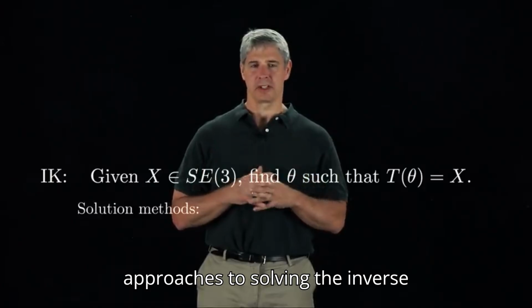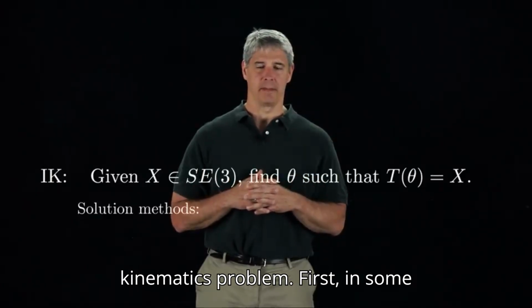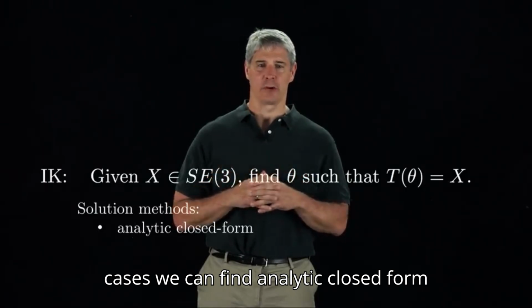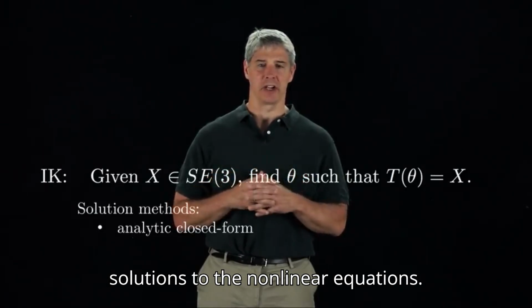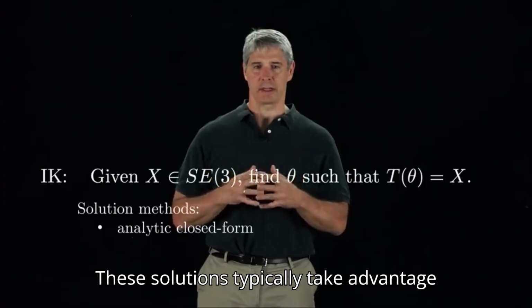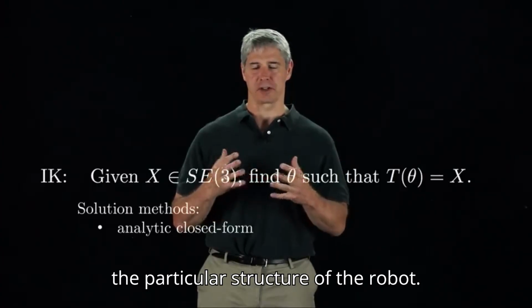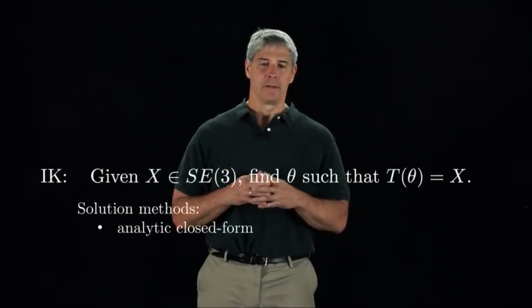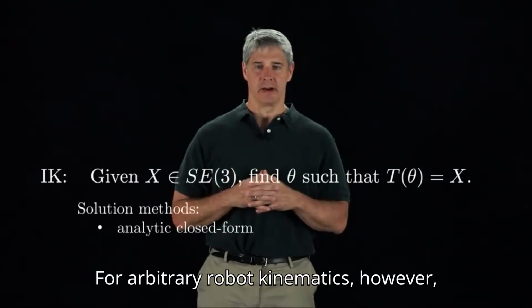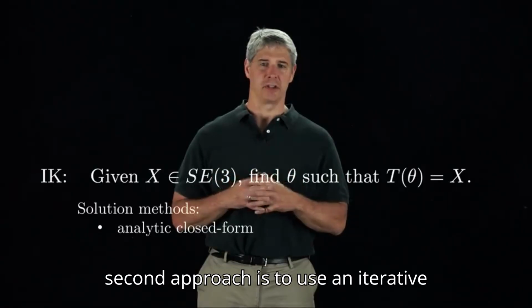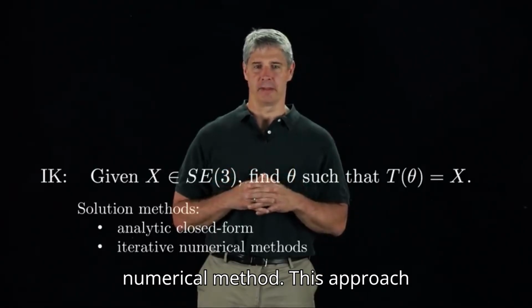There are two approaches to solving the inverse kinematics problem. First, in some cases, we can find analytic closed-form solutions to the nonlinear equations. These solutions typically take advantage of geometric insight into the problem and the particular structure of the robot. For arbitrary robot kinematics, however, analytic solutions may not exist, so a second approach is to use an iterative numerical method.